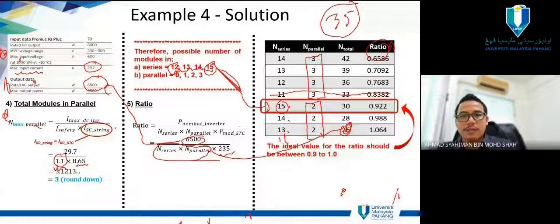Lepas tu the ideal value, maksudnya the best configuration here to get that value, ideal value between 0.9 to 1. Okay, 0.9 to 1. So dekat sini ideal value ni ada 2 lah.